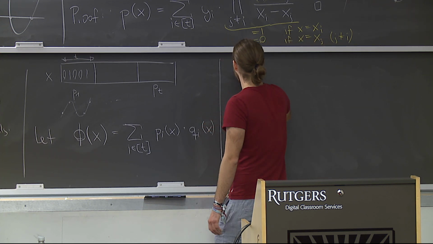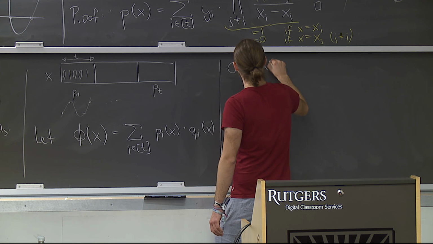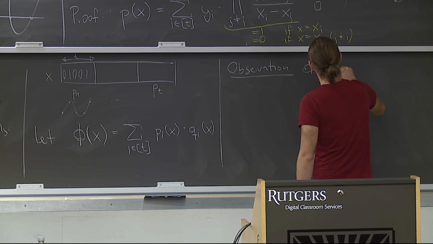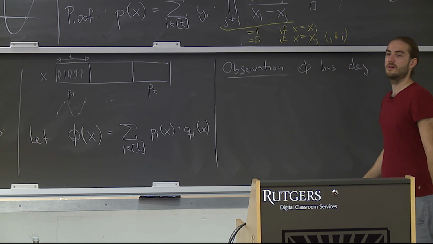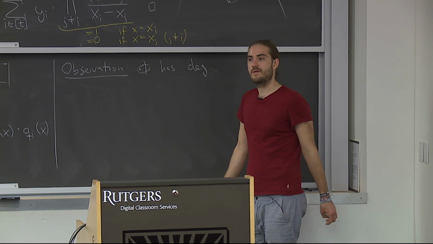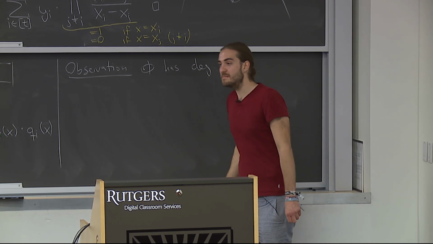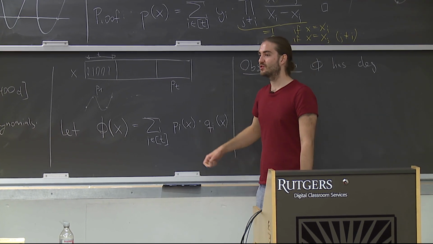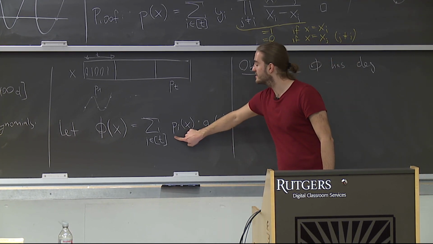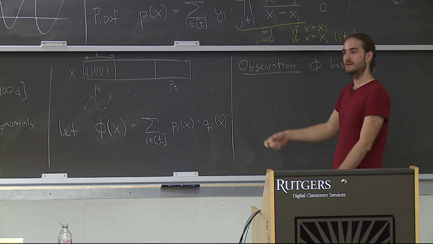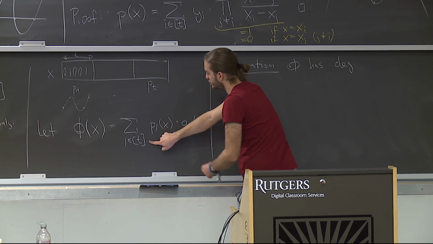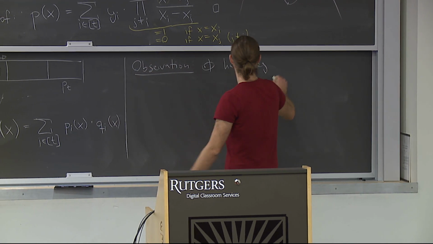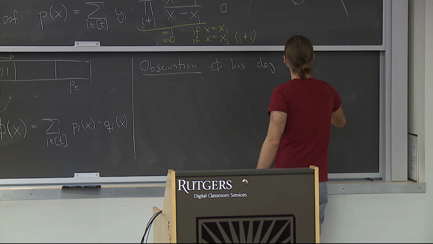My question to you is, first of all, what's the degree of this polynomial? Sorry? d? Actually, it's smaller. 2t, exactly. Because each p_i has degree at most t, same for each q_i. We take a product of these, which means degree 2t for all of them, but this is a sum. Sums do not increase the degree. It has degree 2t.